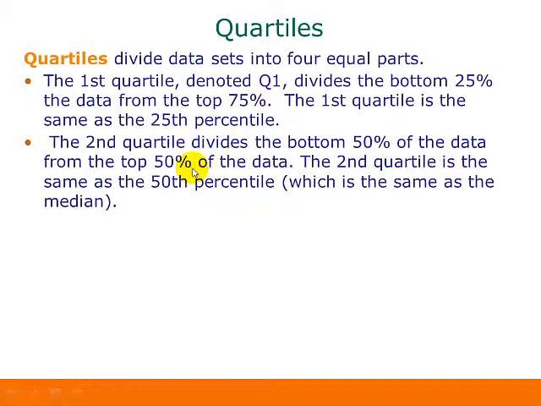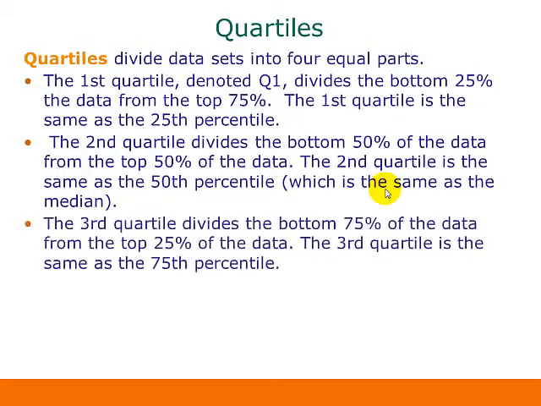So this would be the same as the 50th percentile. It also happens to be the same as the median, since the median divides the data into 2 halves. The third quartile divides the bottom 75% of the data from the top 25% of the data. So it's the same as the 75th percentile.